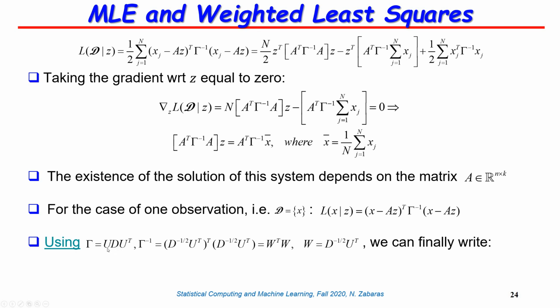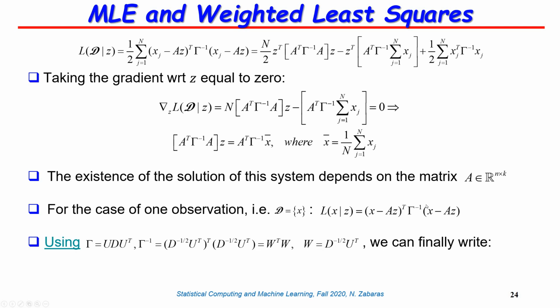I remind you, U is an orthogonal matrix, D is a diagonal matrix, and I can do this decomposition because my gamma matrix is symmetric. When you take the inverse of gamma and use the orthogonality property of U, and I'm not going to do all the algebra here, it comes out of this little calculation that gamma inverse is W transpose W, where W is given by this nice expression.